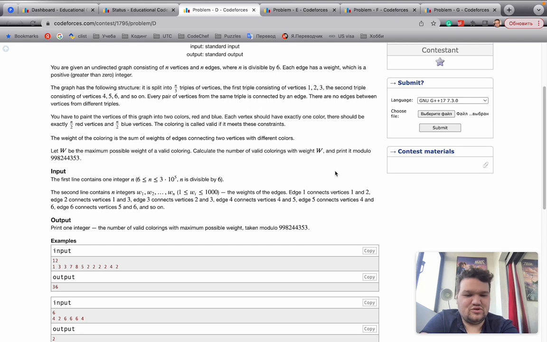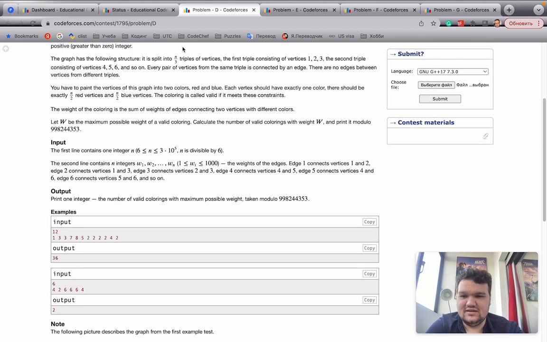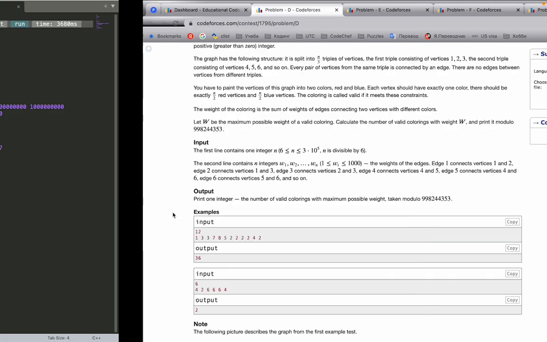So that's just like multiplying the number of ways to choose these unique vertices by choose n over 6 from n over 3. And then for each triangle we need to just multiply the number of ways to choose one edge that we will not take, so it's the number of minimums. That's very simple combinatorics.